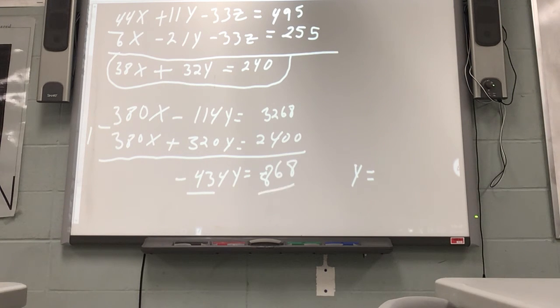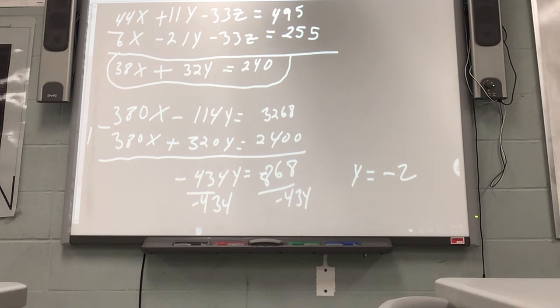So 868 divided by negative 434 equals negative 2, and that is correct. Woo! So we learned how to work through an error, that's good.